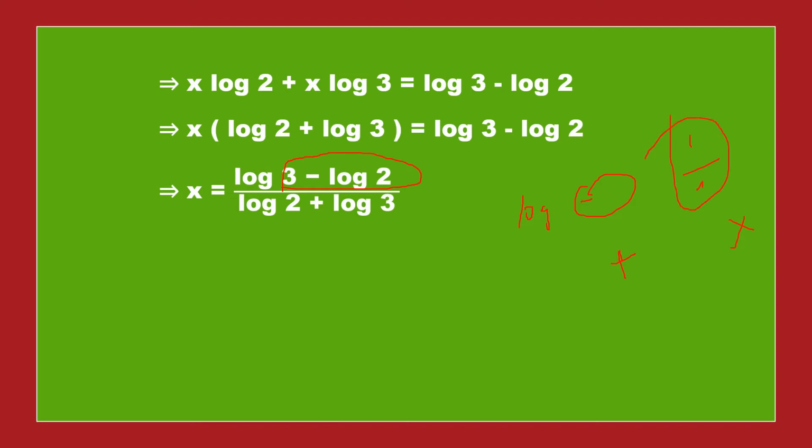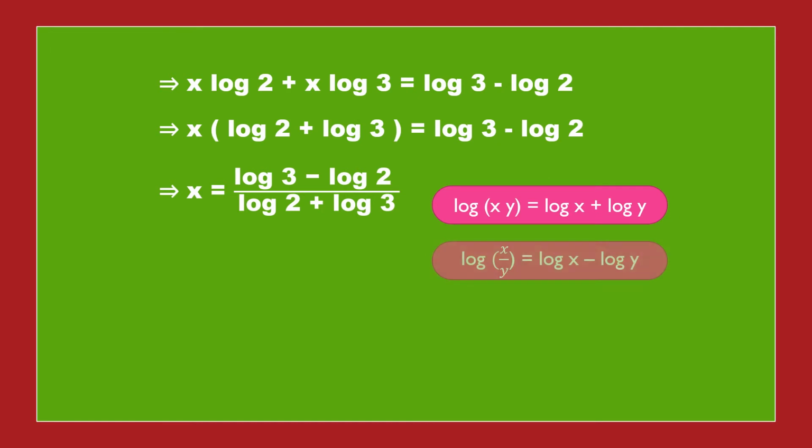So I can write log 3 by 2 and log 2 plus log 3. Here plus means I can write into. Your step will be like this. We use these two formulas. Here minus is there, so by 2 using this property, and here multiplication is there, so it is plus. Now it is log 3 by 2, you should write as it is.